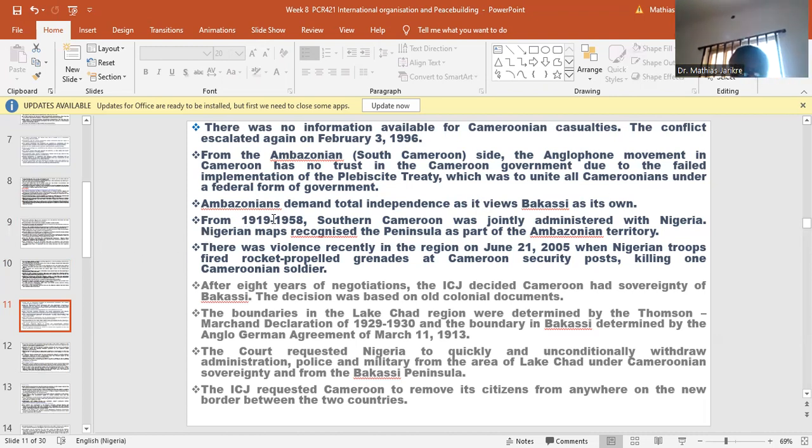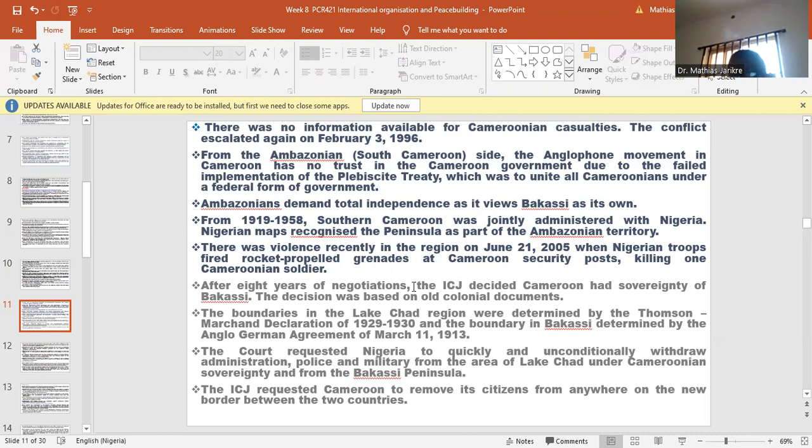From 1919 to 1958, Southern Cameroons was jointly administered with Nigeria. A Nigerian map recognized the peninsula as part of the Ambazonian territory. There was violence recently in the region on June 1, 2000, when Nigerian troops fired rocket-propelled grenades at Cameroon security posts, killing one Cameroonian soldier.